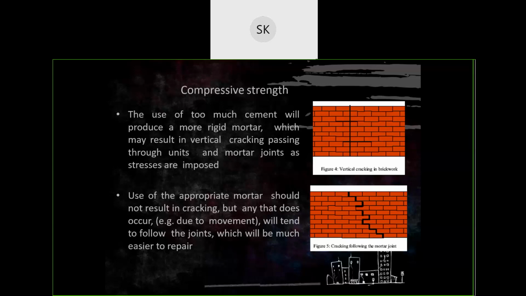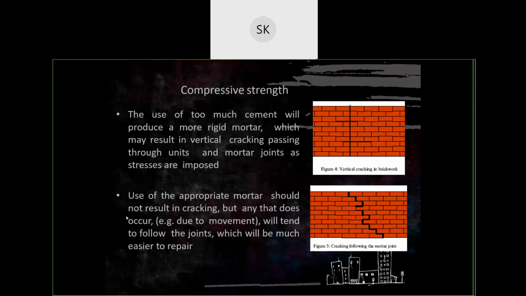If you use too much cement, it will give you a more rigid mortar, which may result in vertical cracking passing through units and mortar joints as stresses are imposed.